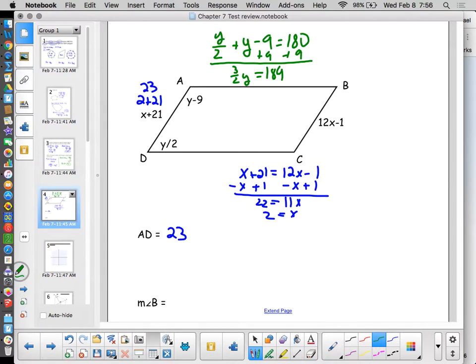So there's a little bit of algebra with fractions, because 1/2 y plus 1y is 1.5 y. If you want to do it on your paper, you can divide 189 by 1.5 too. You've got to be a little more careful. But 189 divided by 3/2 is 126. Y equals 126.